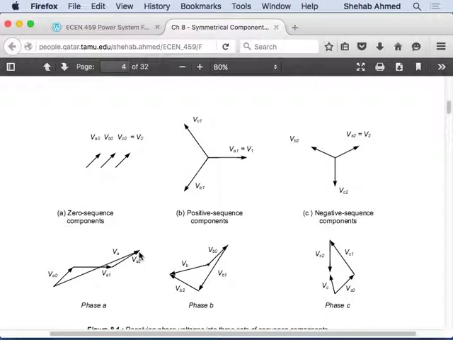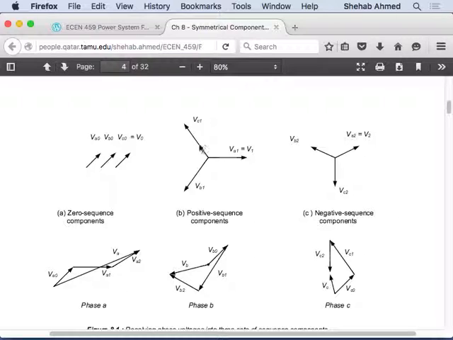Remember that the positive sequence and negative sequence components are balanced systems. So what is the relationship between the phase A positive sequence and phase B positive sequence? They're the same magnitude, but 120 degrees apart. And phase C, same magnitude, but 120 degrees apart.